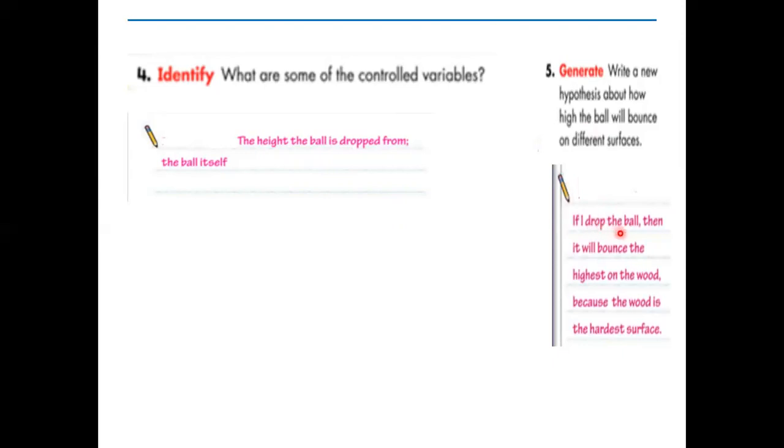If I drop the ball, then it will bounce the highest on the wood because the wood is the hardest surface.